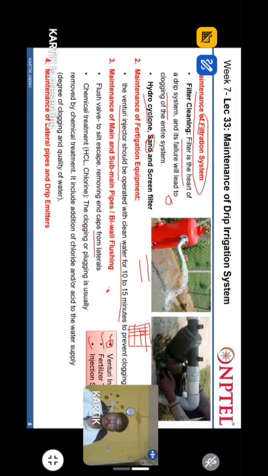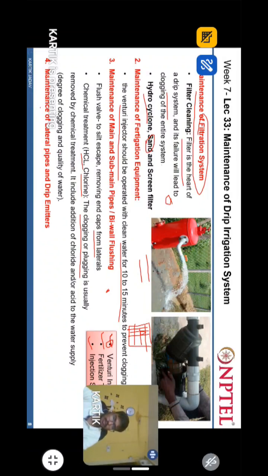It is generally used for control of the water flow. In this kind of system, we use chemical treatment, and the most commonly used chemicals are hydrochloric acid and chlorine, to remove the clogging and plugging available in the main and submain lines.